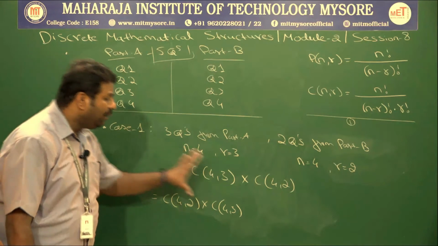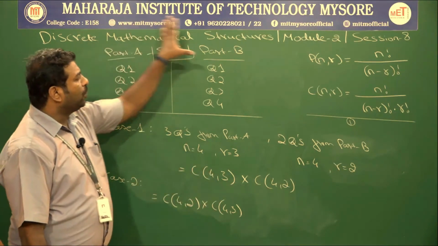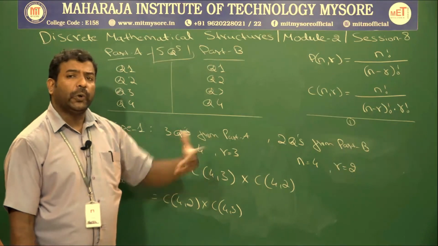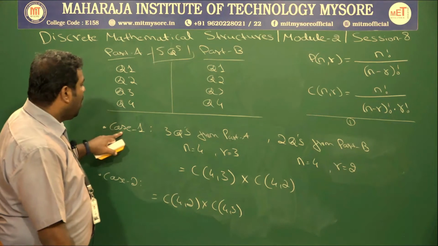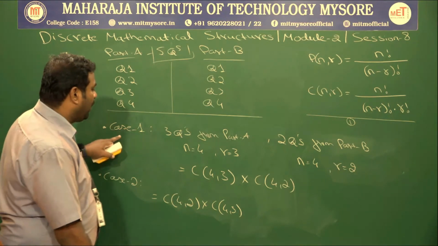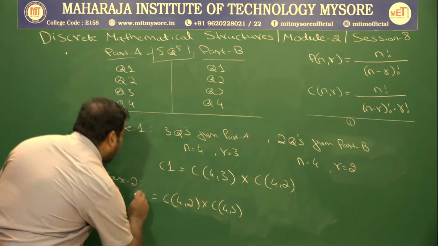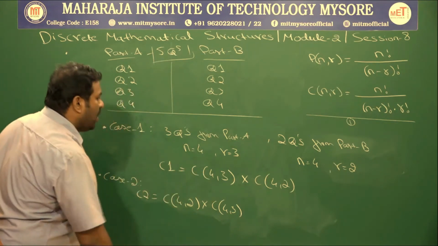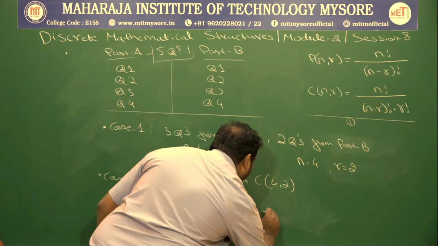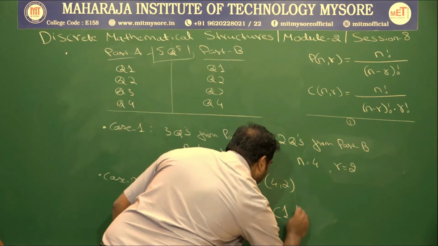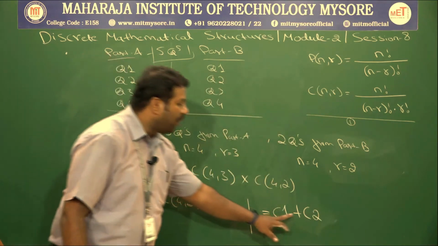So now the ultimate solution: I was supposed to find in total how many ways there are. In that case, I need to add whatever value I get from the case 1, that is C1, and whatever I get from C2. The final solution is C1 plus C2, and I am using the product rule.